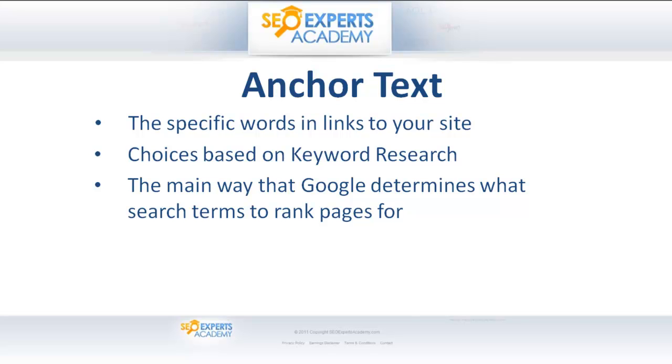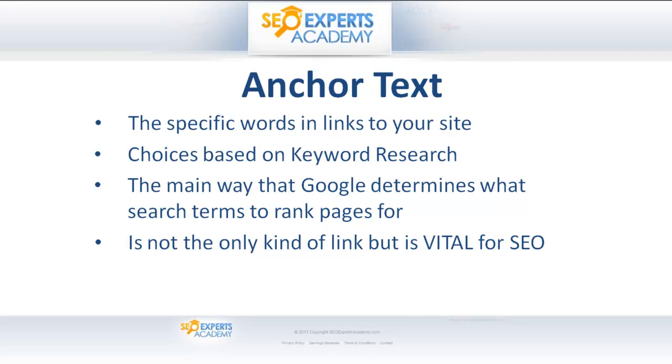So if your anchor text isn't correct, and as we saw in the Ezine Articles example a moment ago, if Paul had chosen different anchor text, it would have been very difficult for him to rank for other terms that he hadn't used in his specific anchor text. So it's very important to understand that anchor text is a very important relevancy signal to Google.